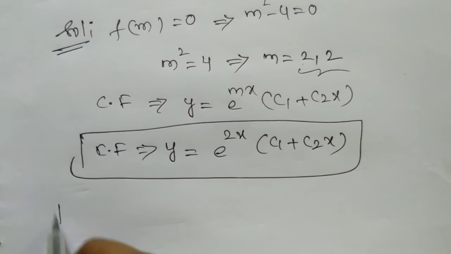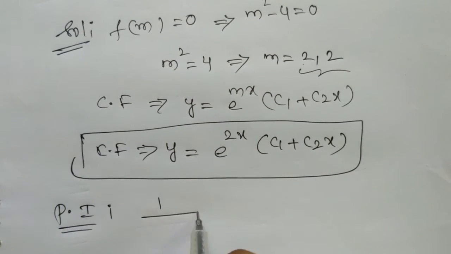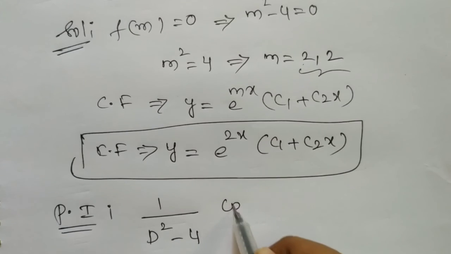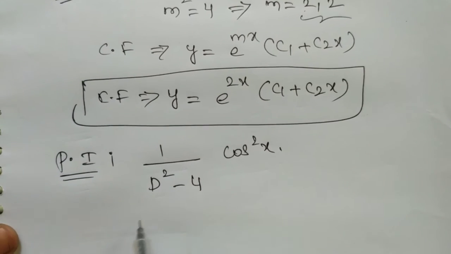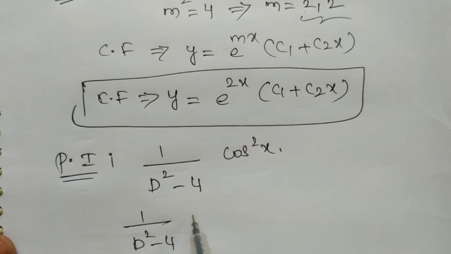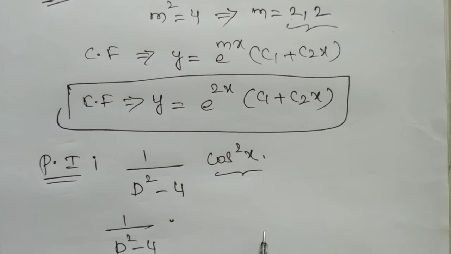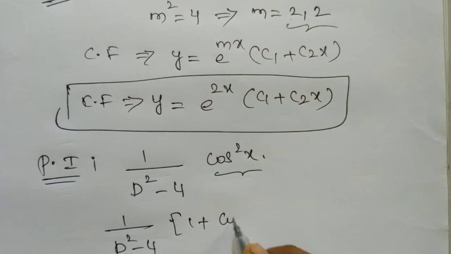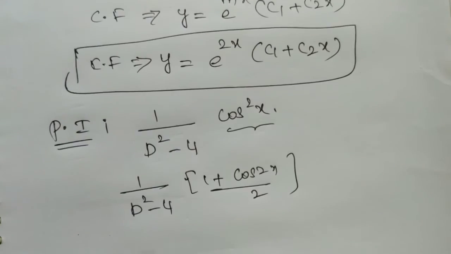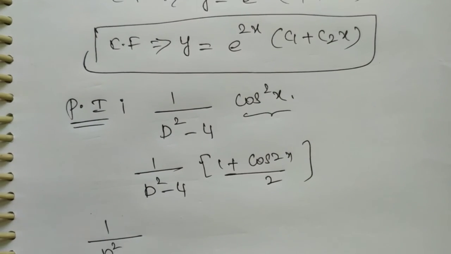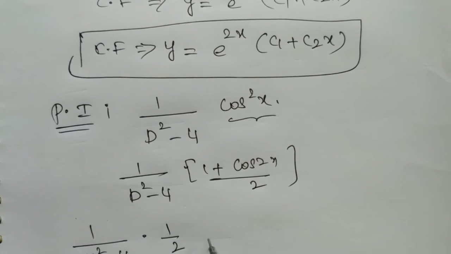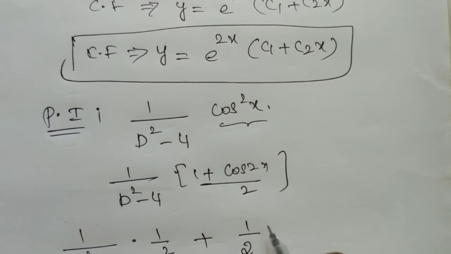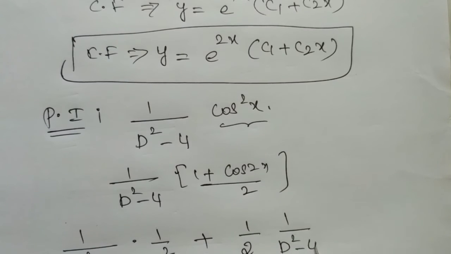Next, finding the particular integral, 1 by D square minus 4 into cos square x. Here cos square x can be written as 1 plus cos 2x by 2. Therefore 1 by D square minus 4 into 1 by 2, plus 1 by 2 of 1 by D square minus 4 into cos 2x.